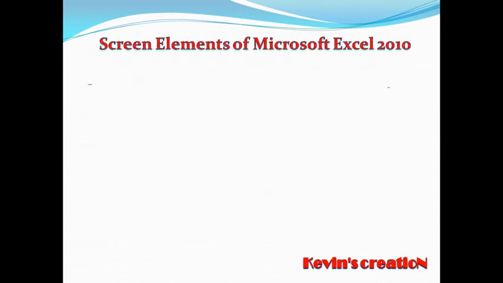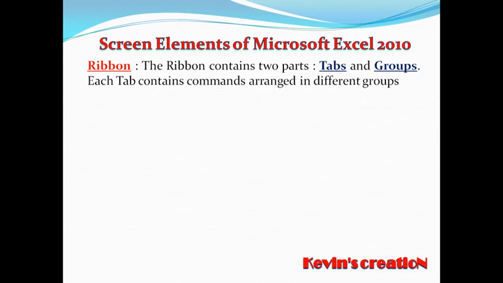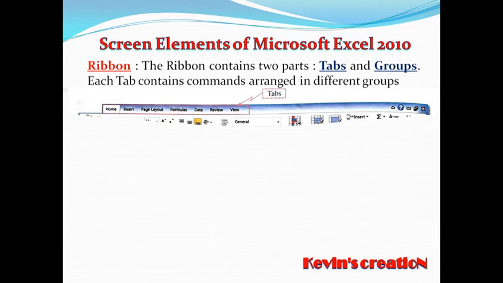Then you have got ribbon. This ribbon has two parts, tabs and groups. Each tab contains commands arranged in different groups. Whenever you click any of the tabs, you will find the options in the group.